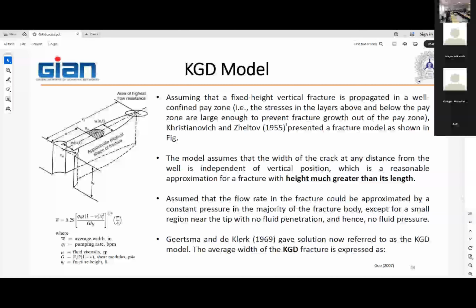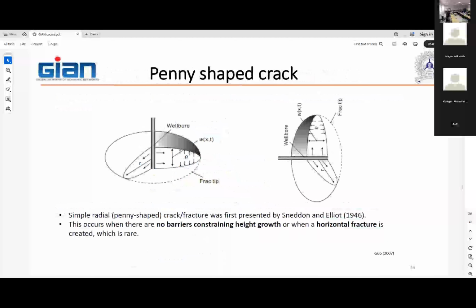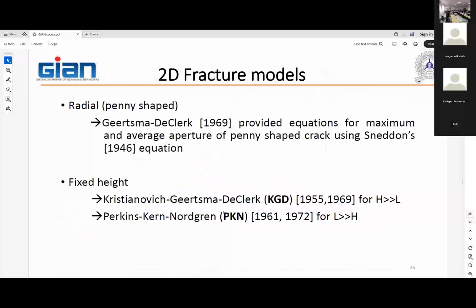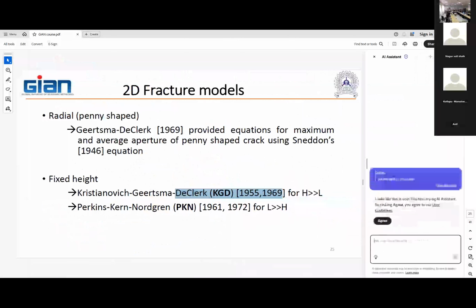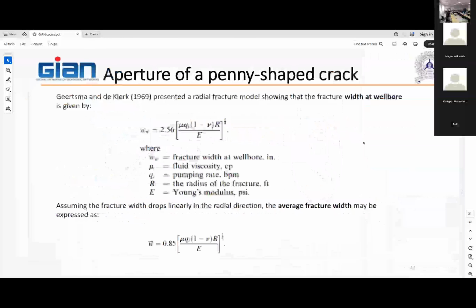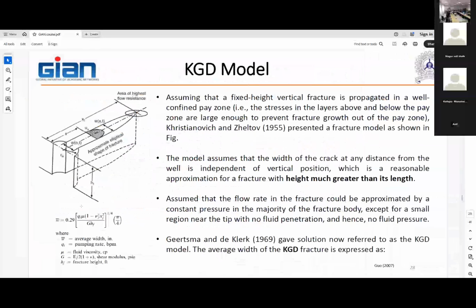And then half length of the fracture, which is called XF, okay? This is the half length of the fracture. We are talking about the KGD model now, okay? Which is this one, KGD, okay? So that is the fracture half length, and you can see the width of the fracture.